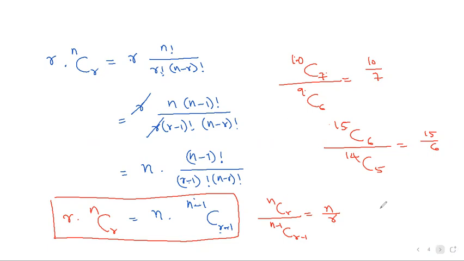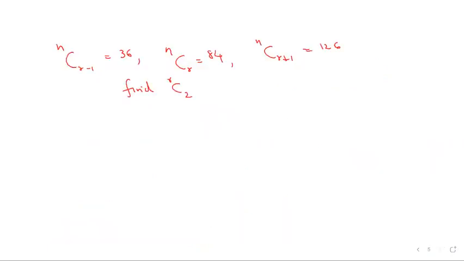Okay, let's do this. We cannot do those ideas here because they both are the same. So first of all, nCr divided by nCr minus 1 is 84 by 36.